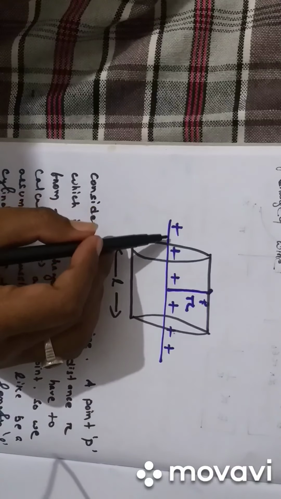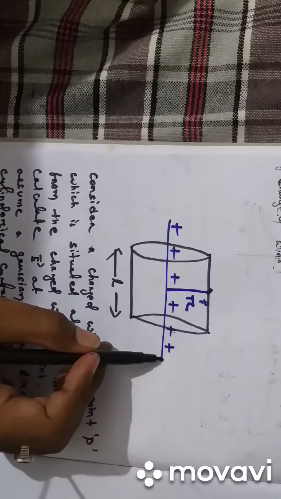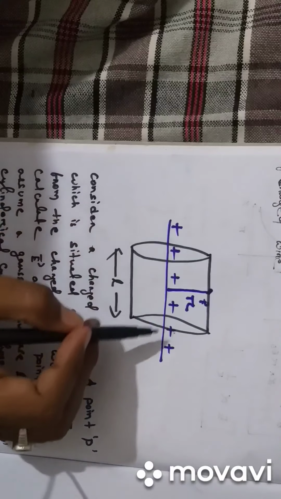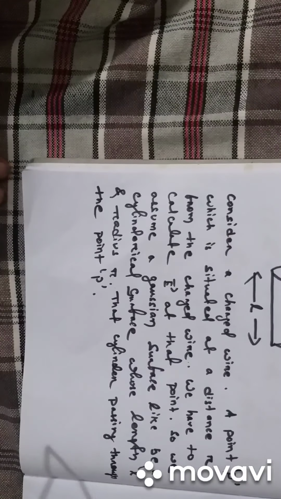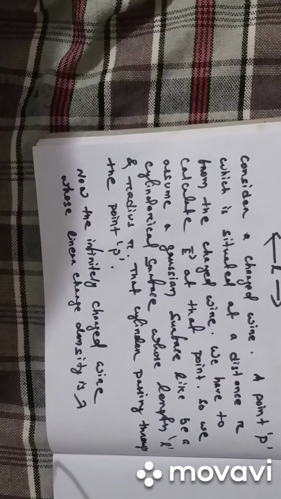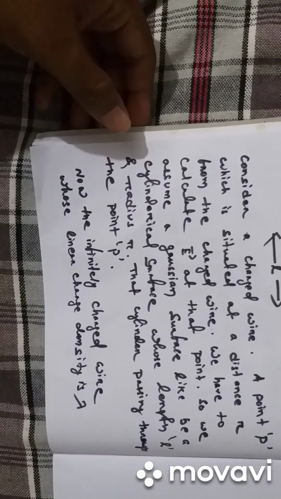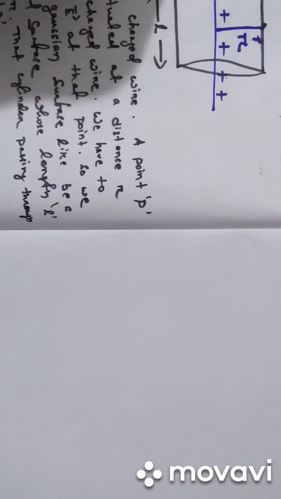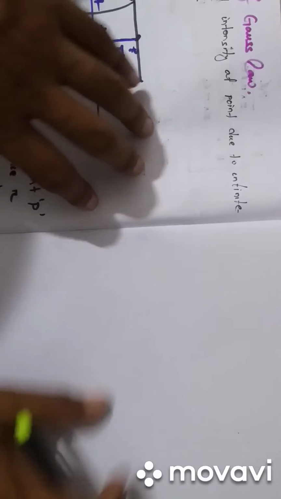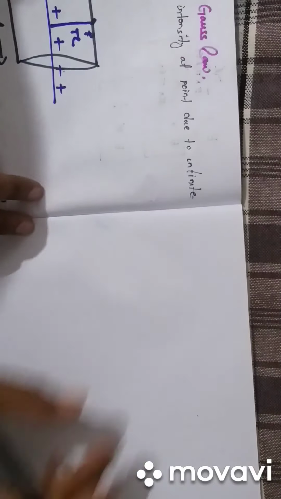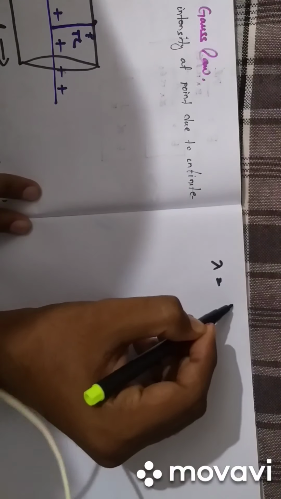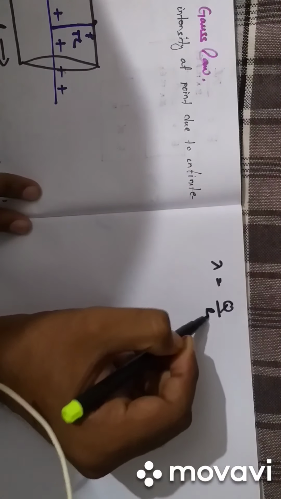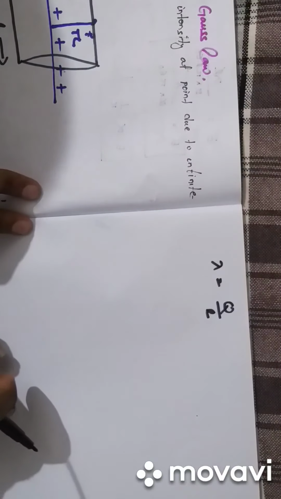Now the infinitely charged wire has linear charge density lambda. Here we write that lambda is equal to charge per unit length of that infinitely charged wire.